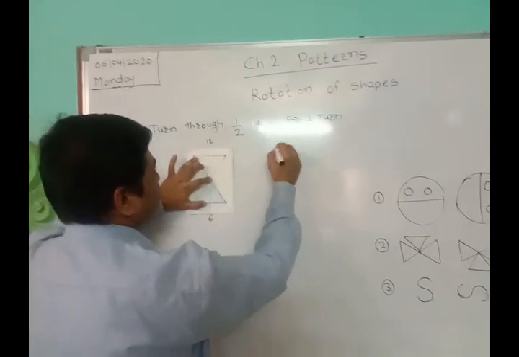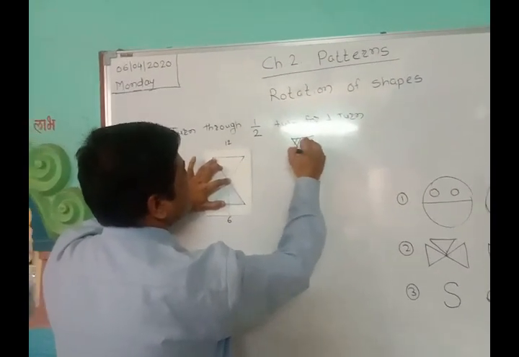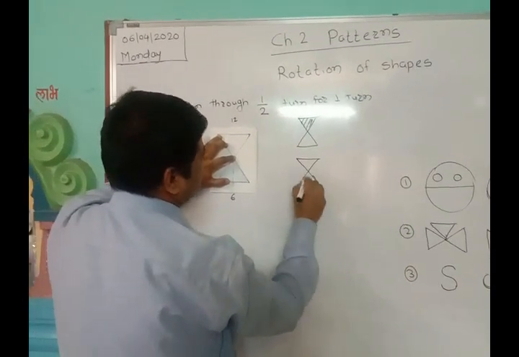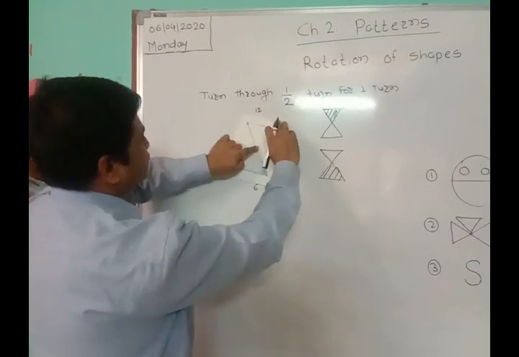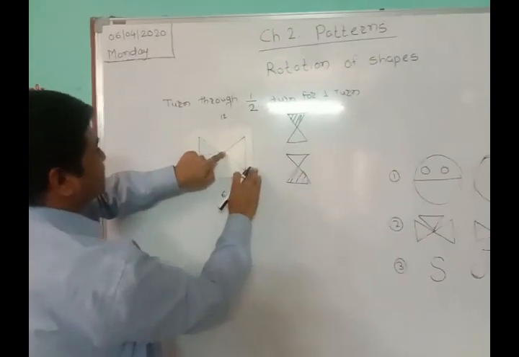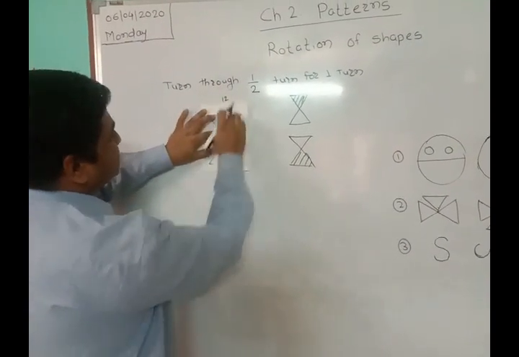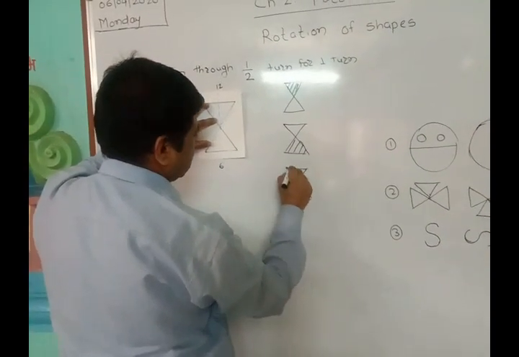You can see initially the shaded portion was up, now the shaded portion is down. For the next half turn from 6 to 12, we are moving it in the clockwise direction, and we will find that the next position is its original position with the shaded portion on the top side.